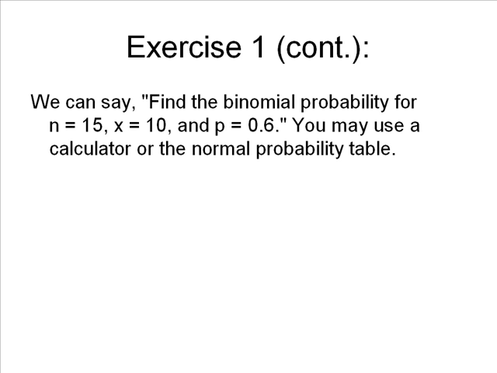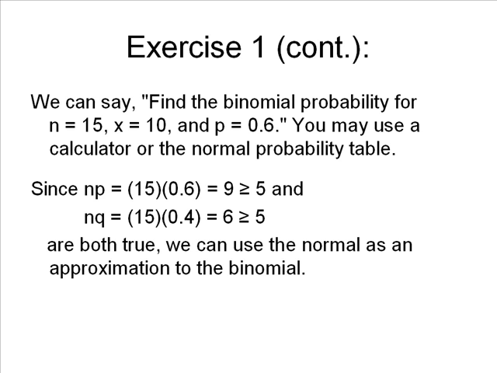You may use the calculator or the probability table. We see here that n times p is equal to 9, which is greater than or equal to 5, and n times q is equal to 6, which is greater than or equal to 5. Since both these are true, the normal approximation is appropriate for the binomial distribution.